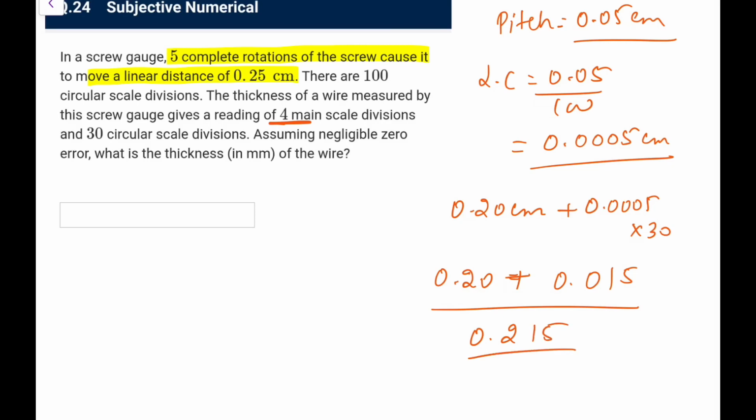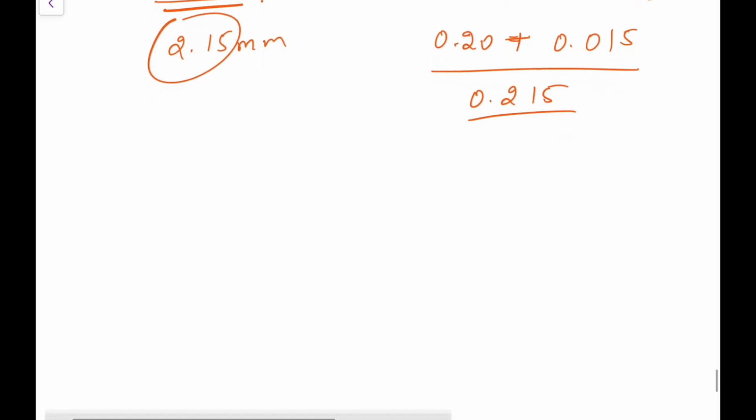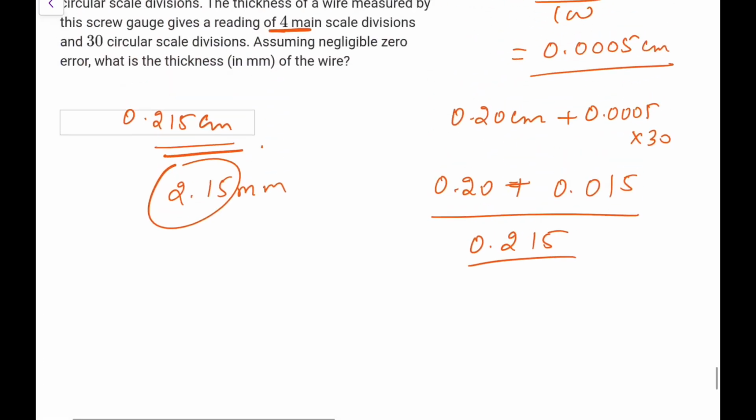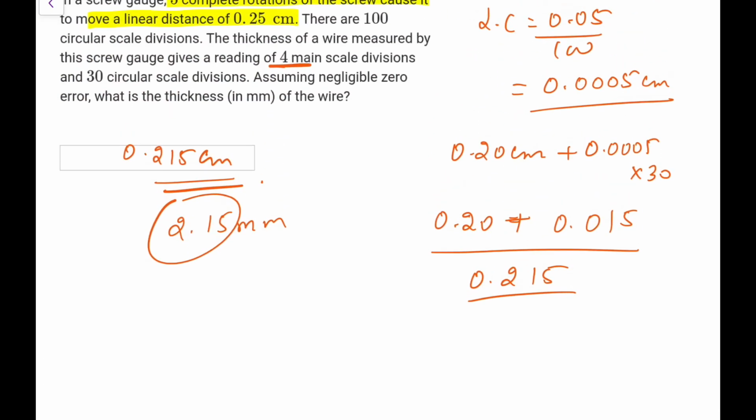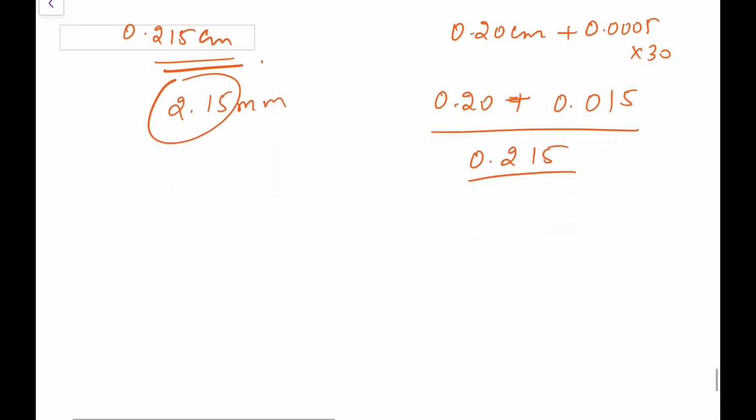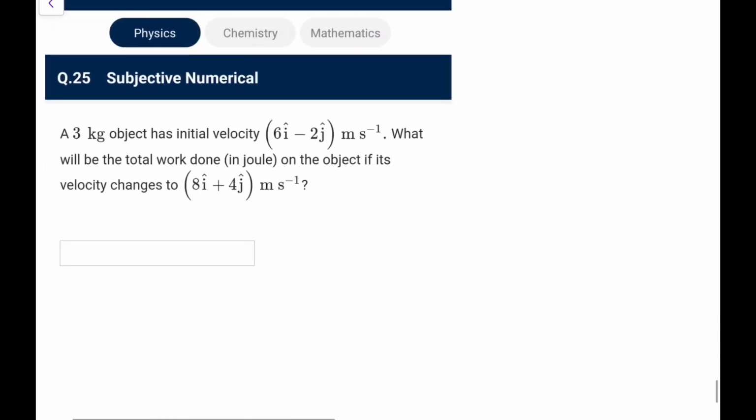This is coming in centimeters, so in millimeters it would be 2.15. It is asking in millimeters, so the answer would not be 0.215, it would be 2.15. You should be careful about it, they have written it wrongly as 21.5, it is 2.15.